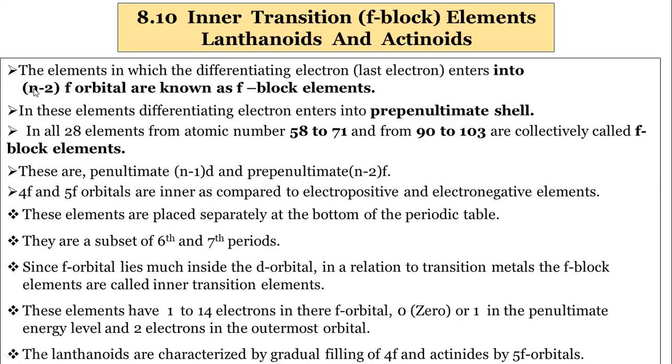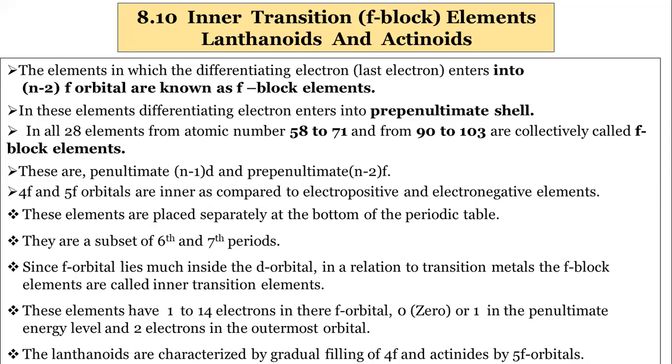Suppose the value of n is 6, then the electron will be entering the 4f orbital, because 6 minus 2 is 4, and the electron enters in 4f orbital in case of lanthanides, remember. For the actinides, the value of n will be 7, and 7 minus 2 is 5. So the electron enters in 5f orbital.